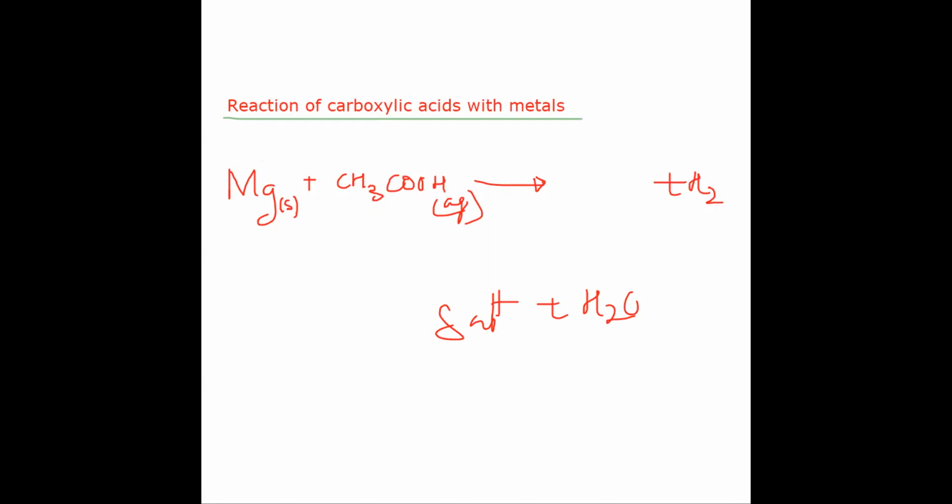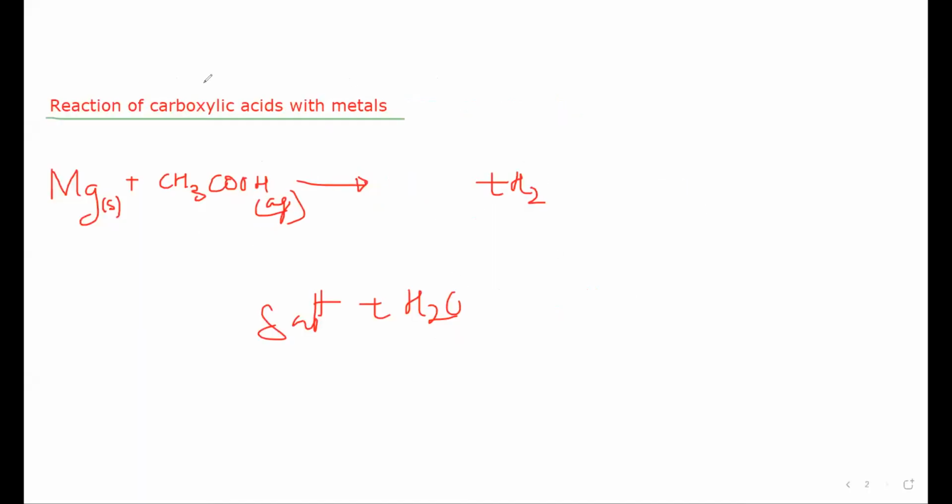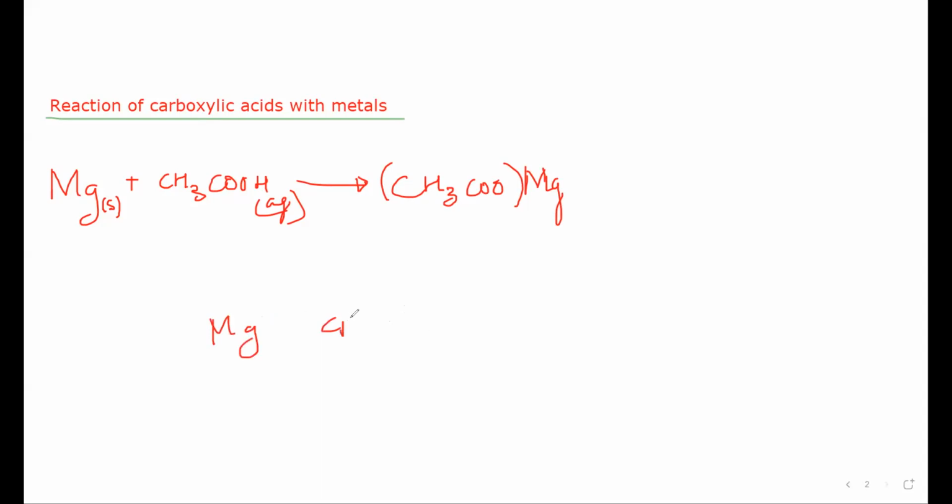Now for the salt, it goes like this: CH3COO and then magnesium. If I write the chemical formula, it's CH3COO, this is 2 and this is 1, so this should get 2.